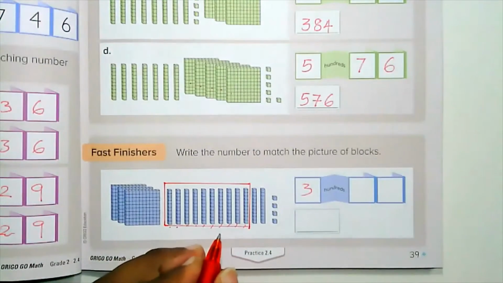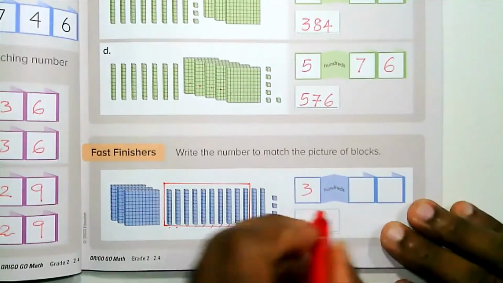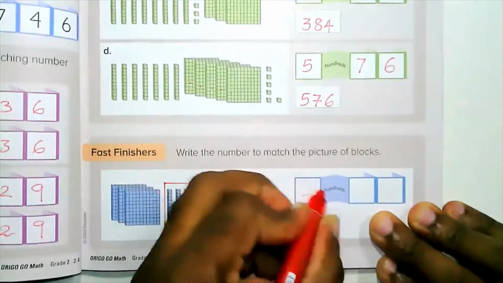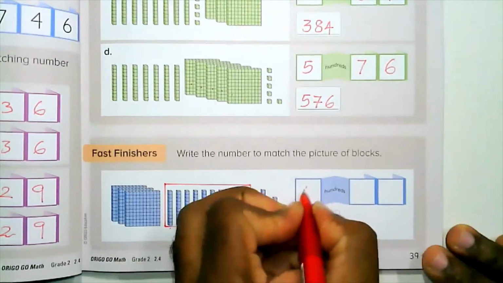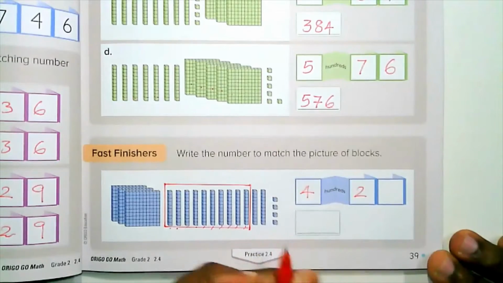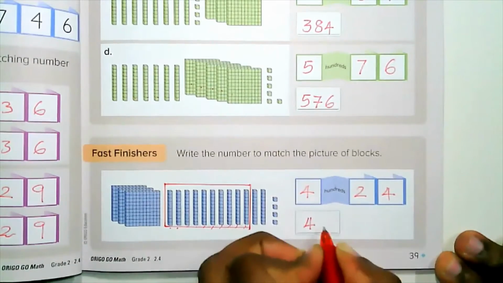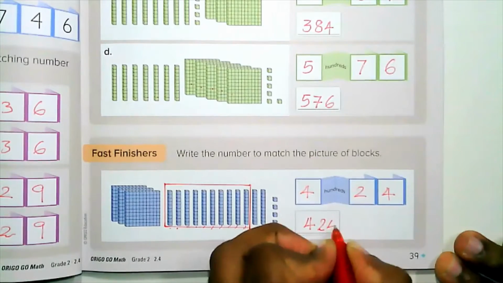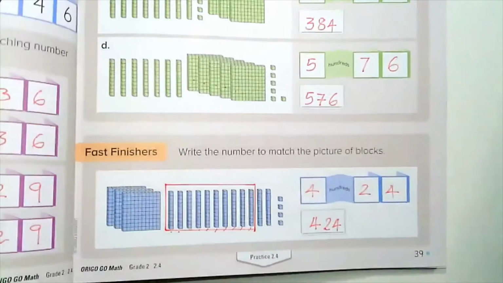So we have to add it to the 100 blocks, which makes it 4. So we have 4 hundreds, 2 tens, and 4 ones. So we have 424.